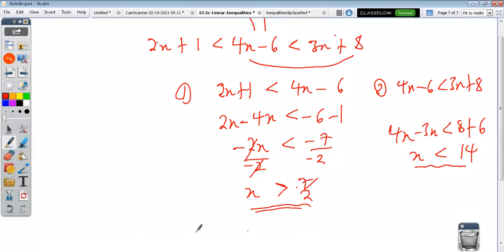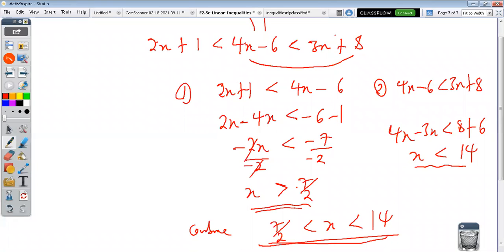If you leave it like this, you get all the marks. Combined, it means 7 over 2 is less than x, x less than 14. Making sense?